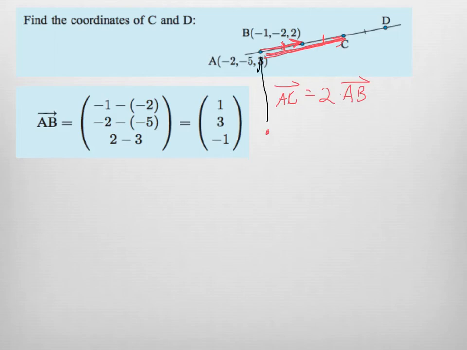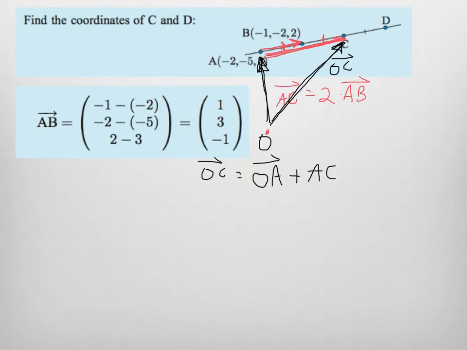If we call that O, we can find OA, and we can also find OC. OC turns out to be equal to OA plus AC. We see that relationship here: this vector plus this vector is equal to that vector.